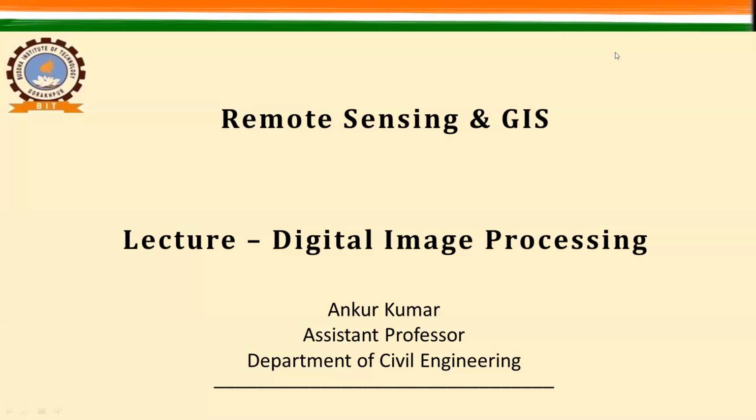How do we process the images acquired from the airborne or spaceborne sensors? In digital image processing, there are many different elements which are included. So first of all, let us see those elements.